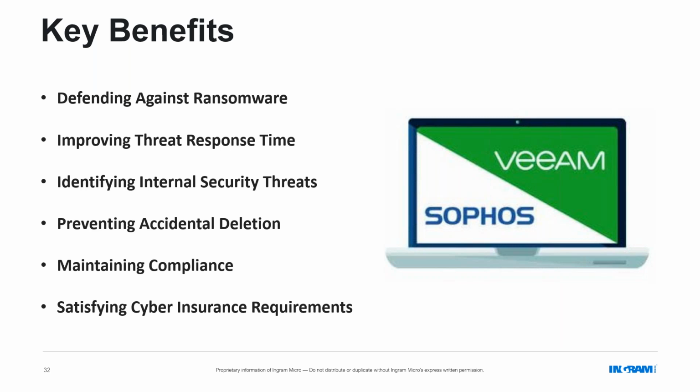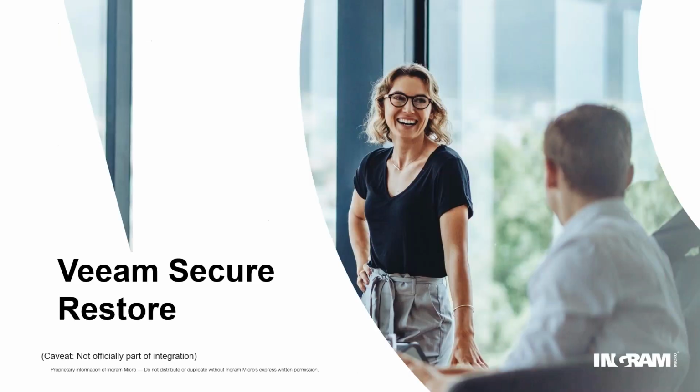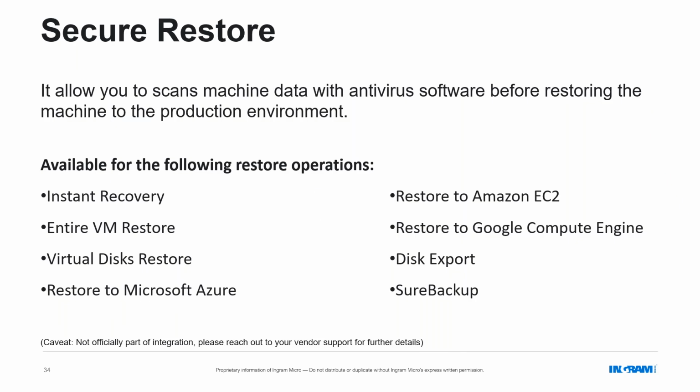As part of this webinar, we want to talk about VM Secure Restore, which is basically leveraging, let's say, an antivirus software to scan the machine data before restoring the machine to the production environment. VM Secure Restore is available for the following restore options.